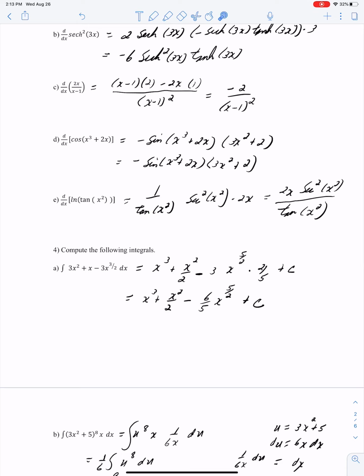The derivative of tangent is secant squared. So I go secant squared x squared. And then again, by the chain rule, I have to take the derivative of the inside here, which in fact is 2x. And when I clean things up, I get 2x secant squared x squared over tangent of x squared. And we can just leave it like that.